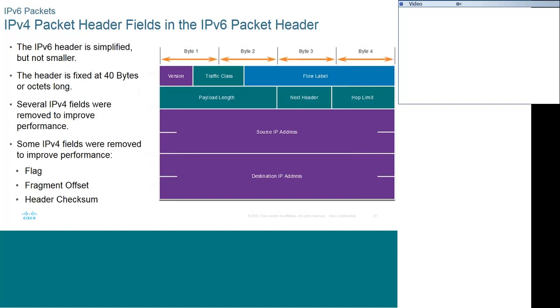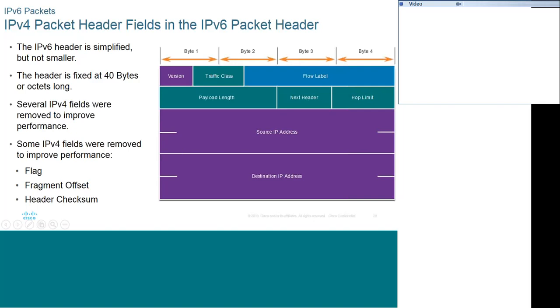So here is the header of IP version 6. Some things have been changed, but not the source and destination addresses. The source and destination should be available in both. But there are some changes. Some IP version 4 fields were removed, like flag, fragment offset, and header checksum. Then some of them have been changed.